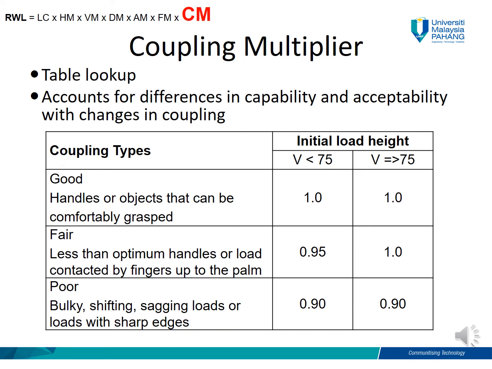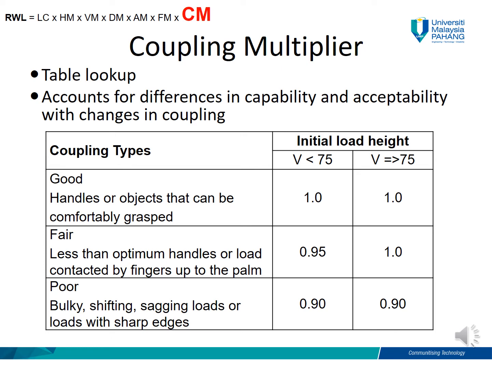Poor coupling means the lifter needs to manage a bulky, shifting, or sagging load, or a load with sharp edges, so that it is difficult to handle. However, you also need to look at the load height.